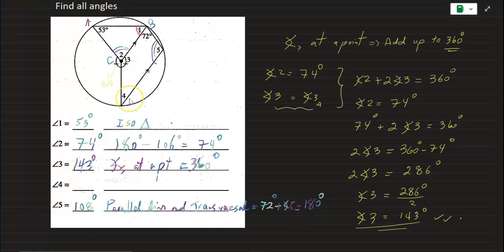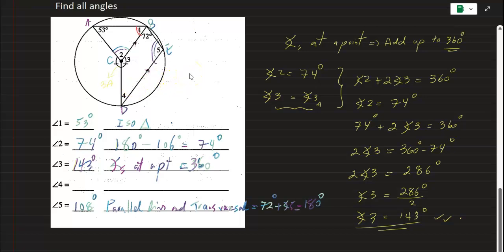And angle 4 is very easy. The sum of all interior angles of a quadrilateral, and this is a quadrilateral. Let's call this A, C, B, and let's call these D and E. For the quadrilateral CDEB, the sum of all interior angles must add up to 360 degrees.